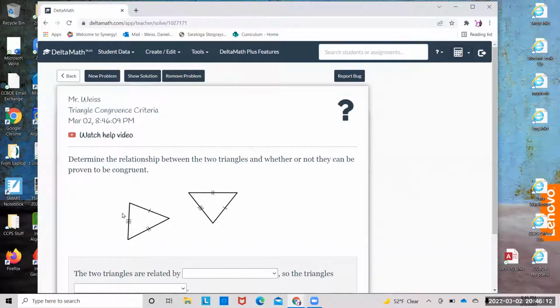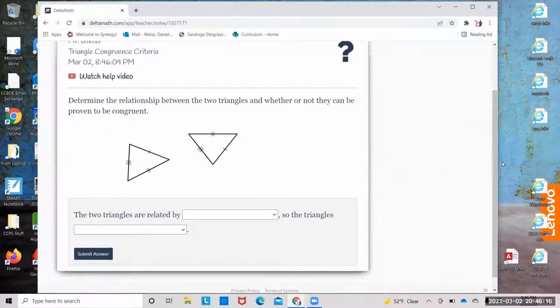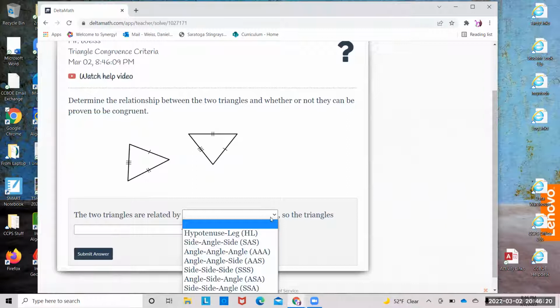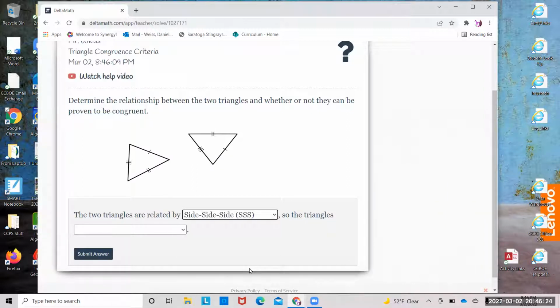Okay, remember side, side, side, right? The two triangles are related by SSS, side, side, side. So the triangles can be proven congruent. Okay.